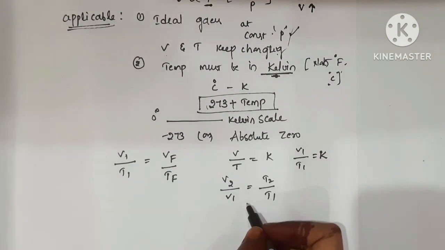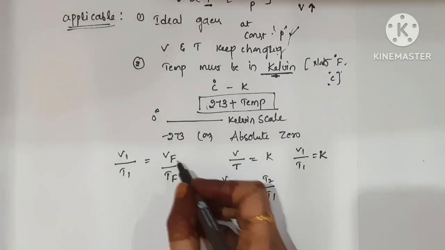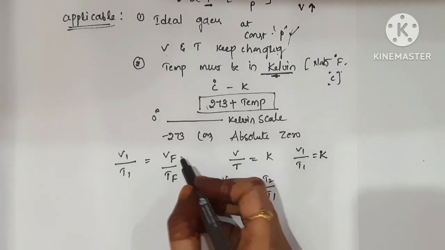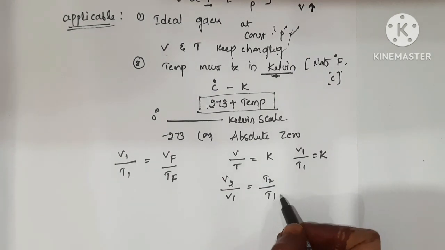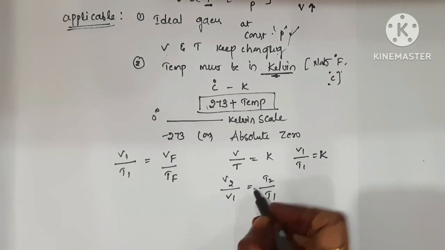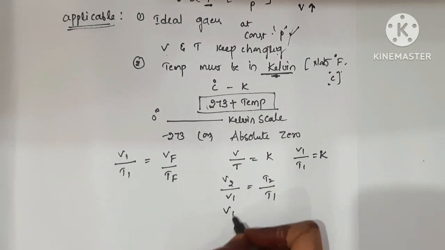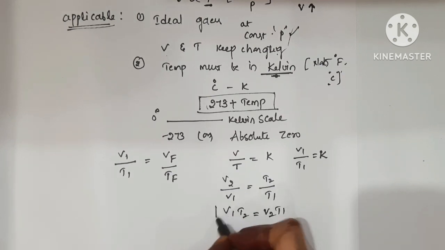V2 means the final volume, right? So V2 by V1 is equal to T2 by T1. Then what happens? V1 T2 is equal to V2 T1.